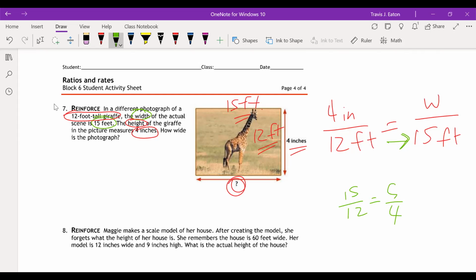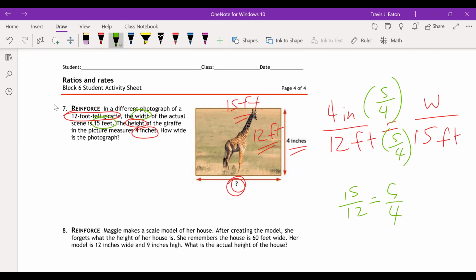So if I take 12 and multiply by 5/4, I get 15. So 4 multiplied by 5/4 as my scale factor. Let's see, 4 times 5/4.